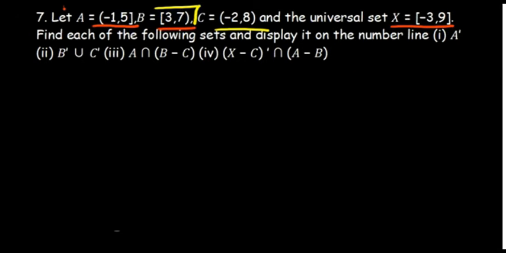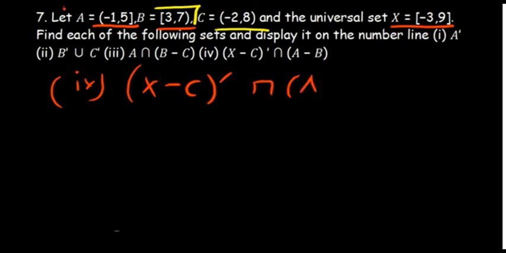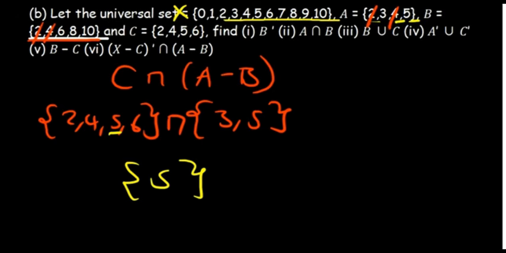Moving on to the last one. For the last one, it is X minus C complement. This is related to the previous question that we looked at. Remember, if you look at the last question, this is what we had, and simplifying it, this is what we had.